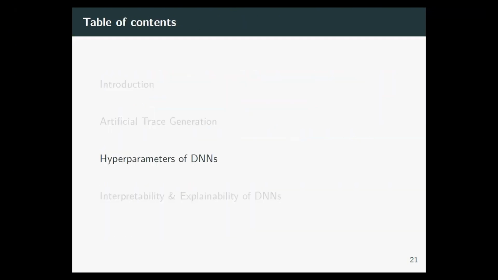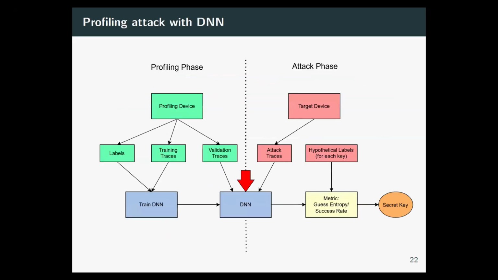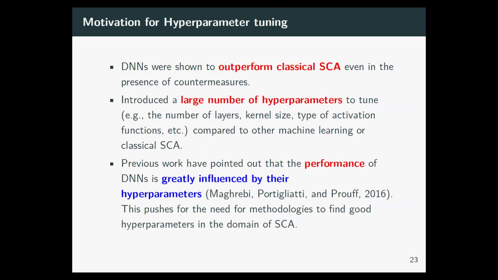Next, we look into the second aspect of DLSCA, the hyperparameters of deep neural networks. So we go back to using a deep neural network as the distinguisher for the profiling attack. It has been shown previously that DNNs can indeed outperform classical side channel analysis, even in the presence of countermeasures.